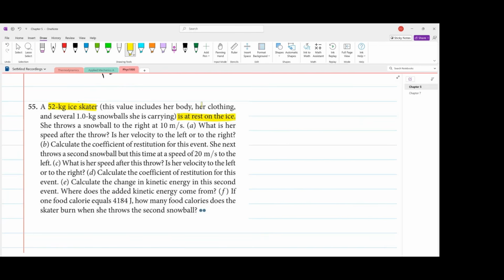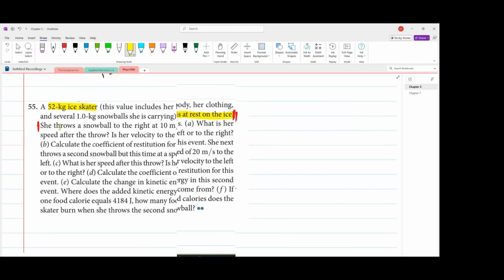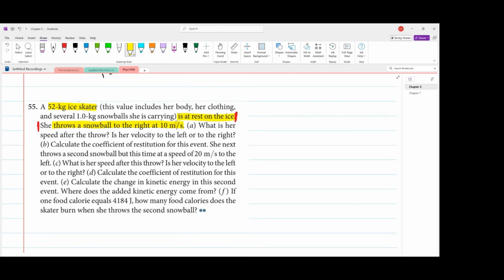Then she throws a snowball to the right at 10 meters per second. What is her speed after the throw? Is her velocity to the left or to the right?